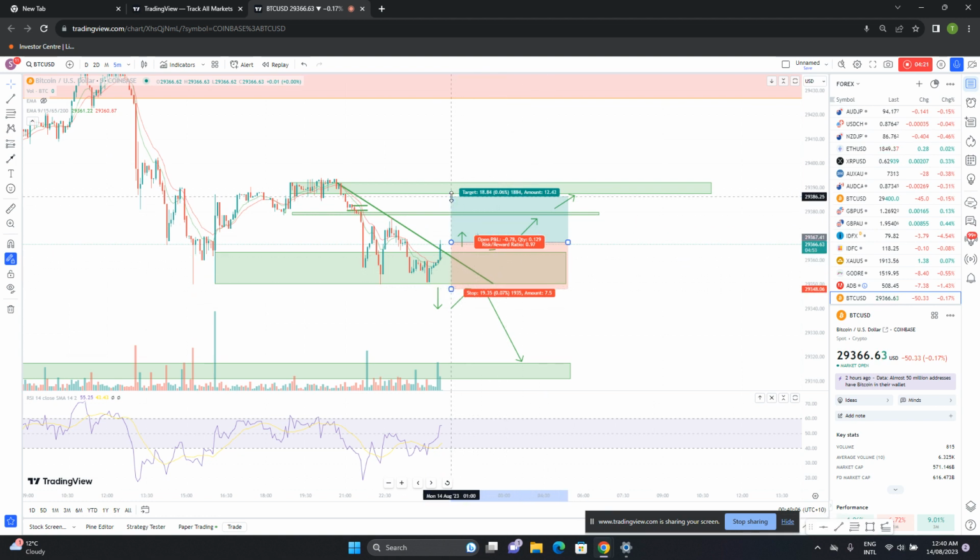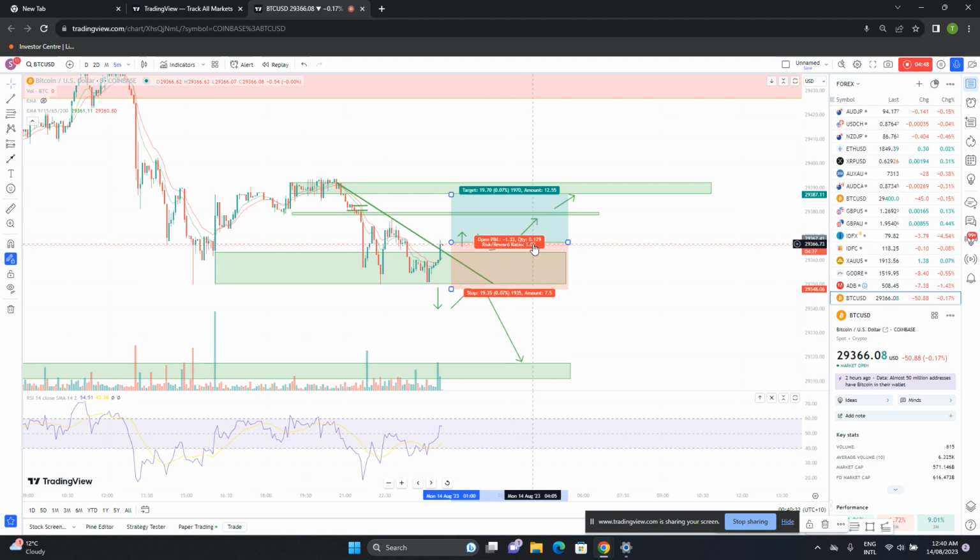But we're only getting a 1:1 ratio here, so that's quite a small one. But if somebody wants to trade on those levels, that could be one thing. So that's one trade on the higher side.